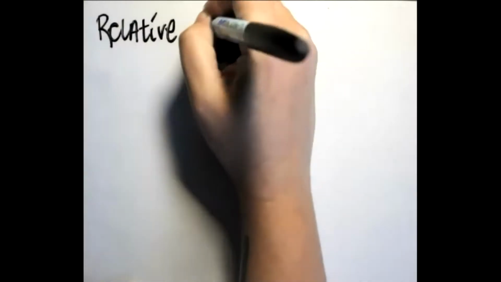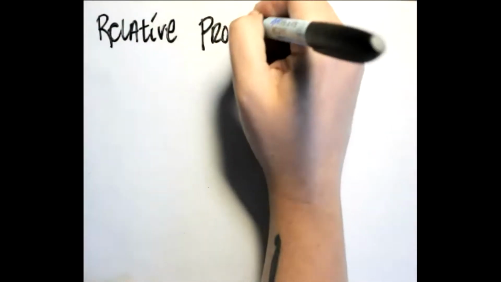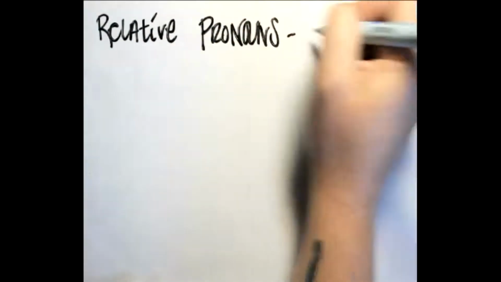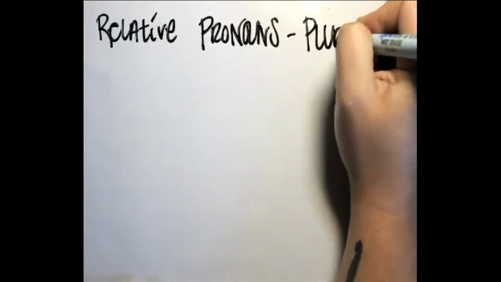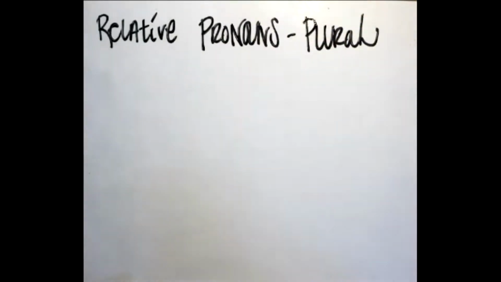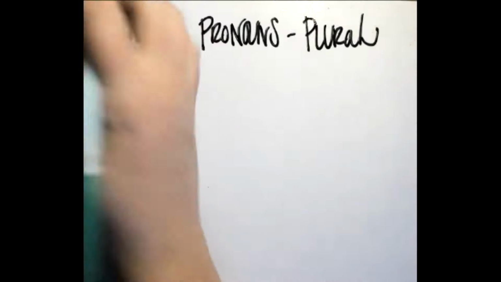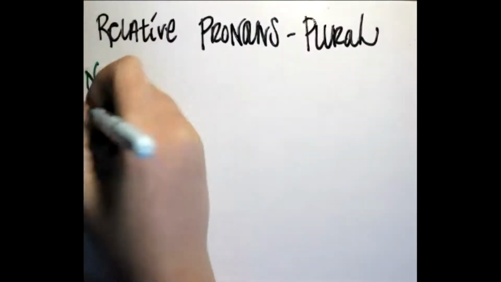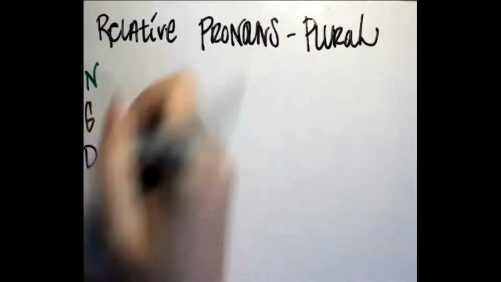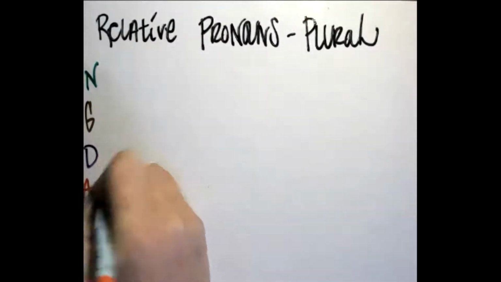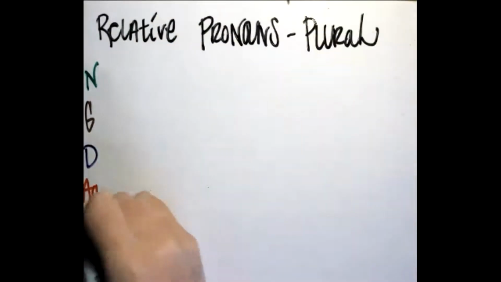So this is going to be the relative pronouns in the plural. Okay, so we're going to have our nominative, our genitive, our dative, our accusative, and our ablative.